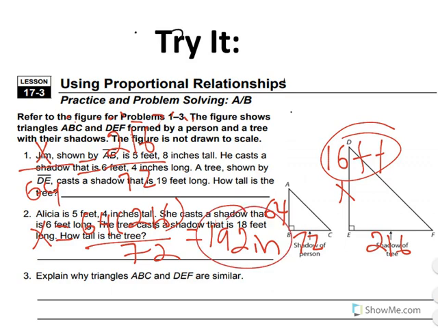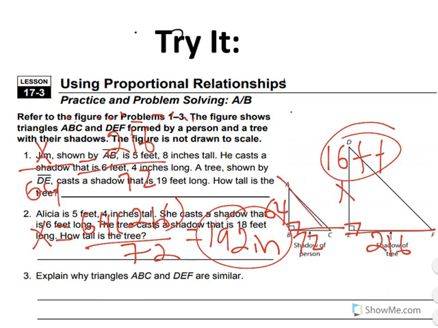Right. Okay, and for number 3, explain why triangles ABC and DEF are similar. Well, this is a right angle. This is a right angle. So they both are right triangles, and this is parallel to the ground, and this is parallel to the ground, right?